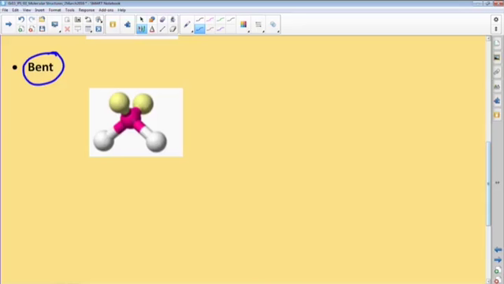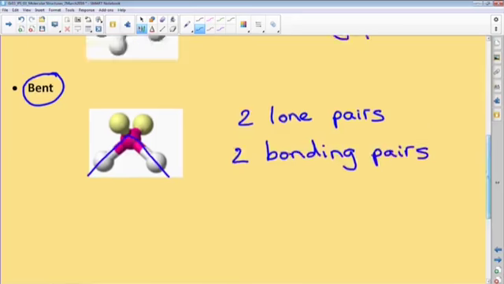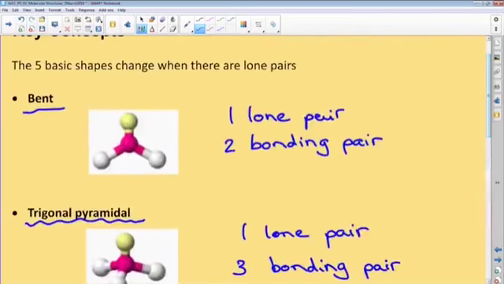I've got a second bent molecule. This one has got 2 lone pairs and it's got 2 bonding pairs. Now I can hear some of you saying, well, why does it have the same name? The reason is that shape there, and if we go up, that shape there, they're both the same.